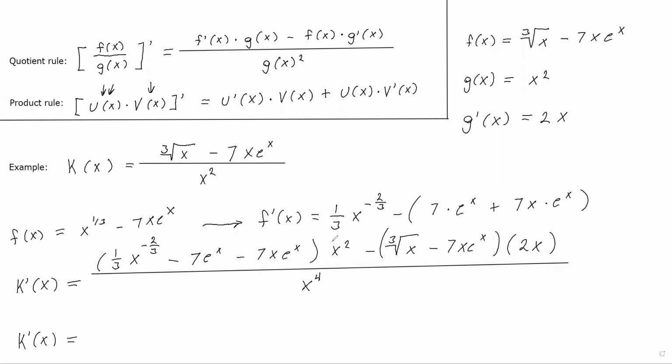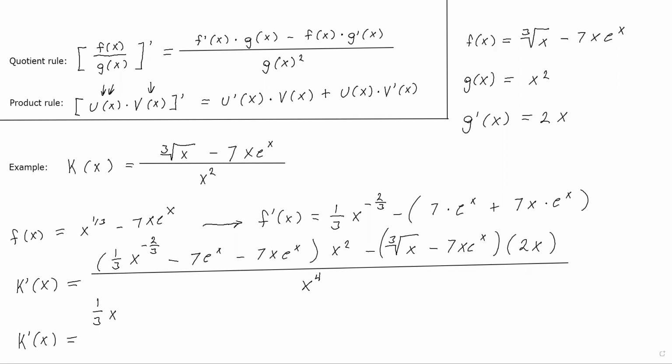So we're going to have to multiply this x squared out into all of this. So 1/3 x to the minus 2/3, that just becomes 1/3 x to the, so that's plus. Back to it.